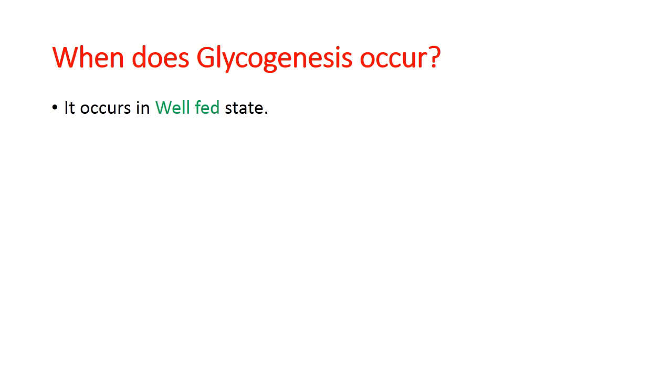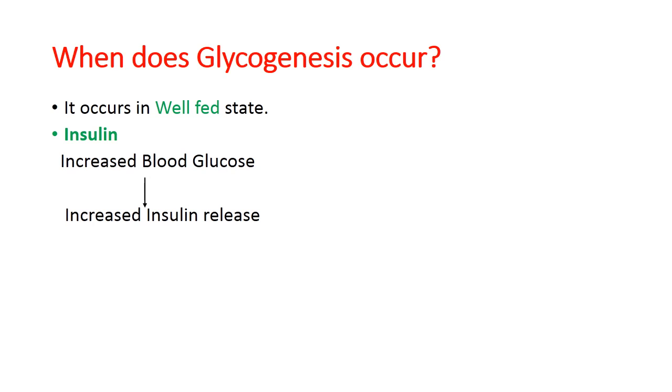Glycogenesis occurs in well-fed state and it is upregulated by the hormone insulin. What happens in well-fed state? There is increase in the blood glucose, or better to say the plasma glucose concentration rises, and this leads to release of insulin from the beta cells of the islet of Langerhans of pancreas.